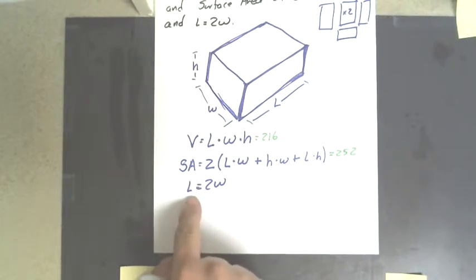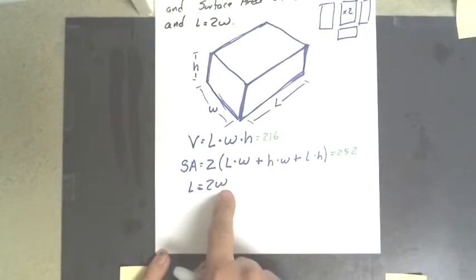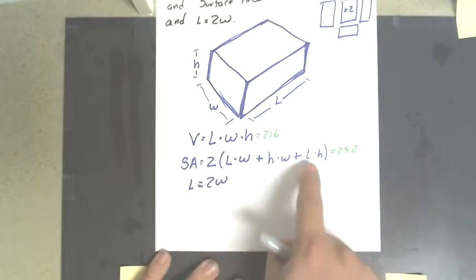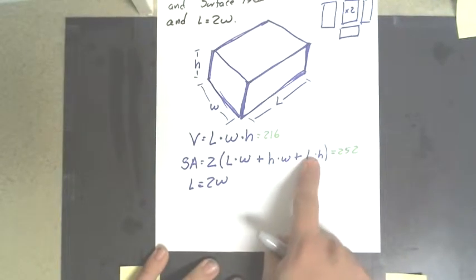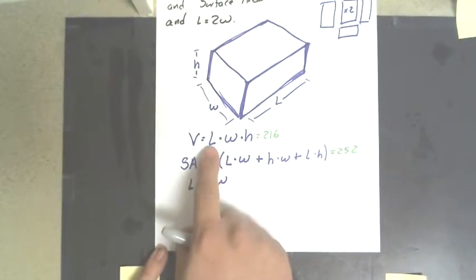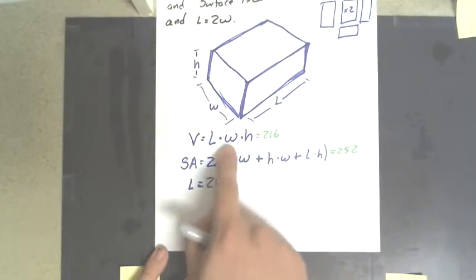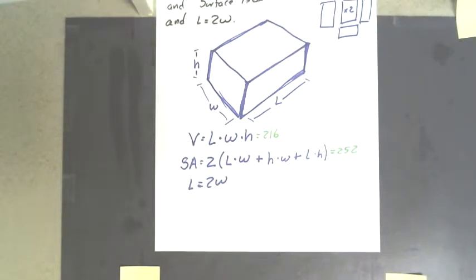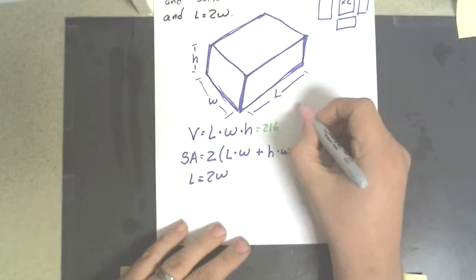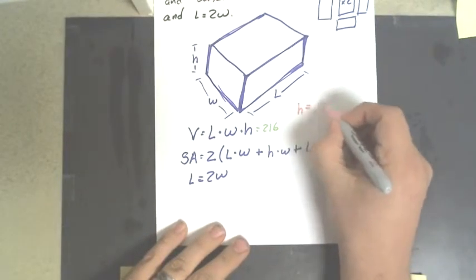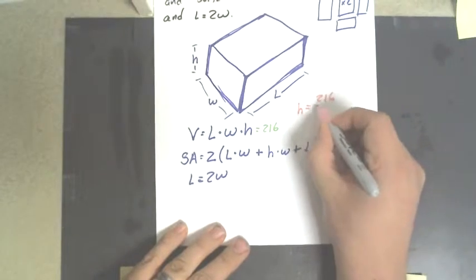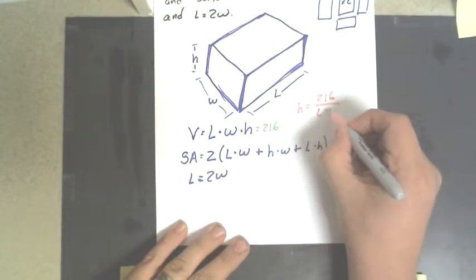Since we know that the length is equal to 2w, we could take out both of these L's and put in 2w's, and this one. And then we could really solve this either for height or for width. I'm going to choose height. So if we solve that volume equation for height, we'd have height equals 216 over length times width.